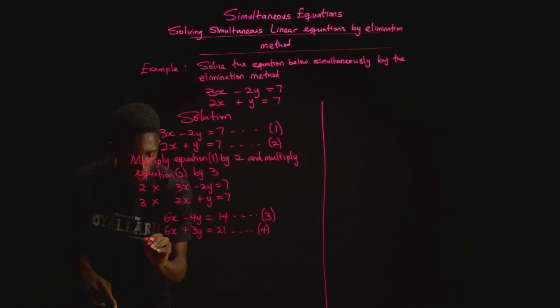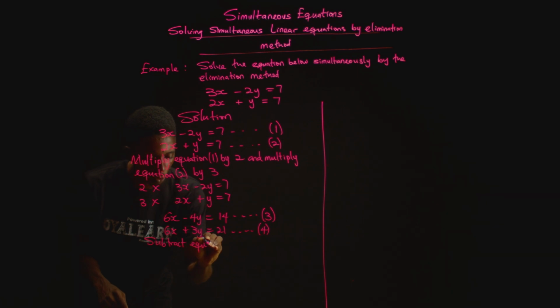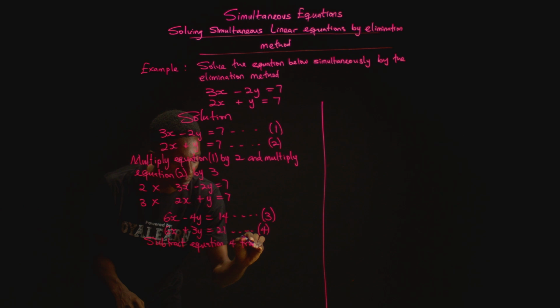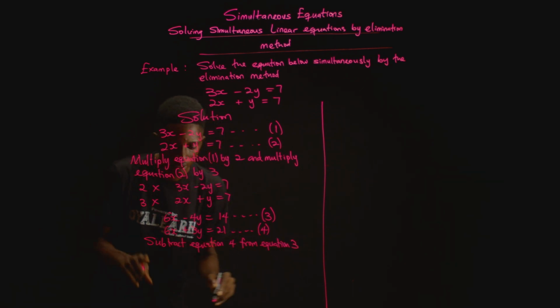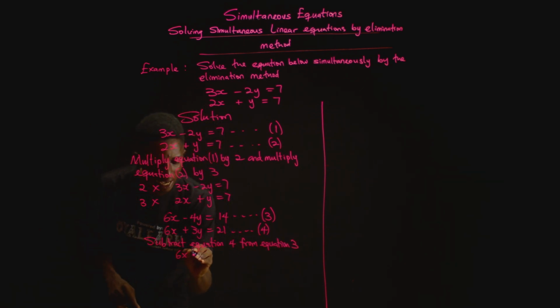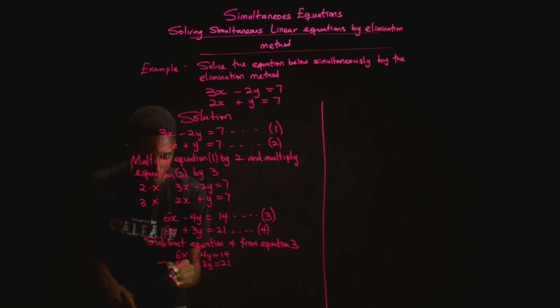Now, we subtract equation 4 from equation 3. Meaning I have 6x minus 4y equals 14 minus 6x plus 3y equals 21.